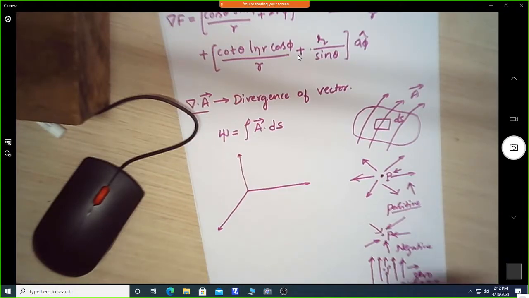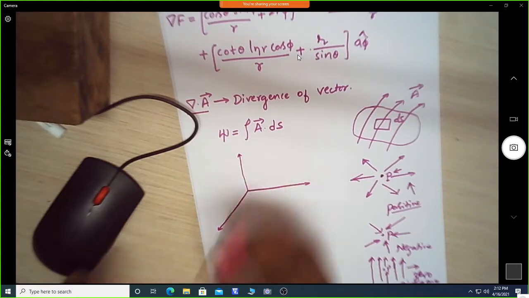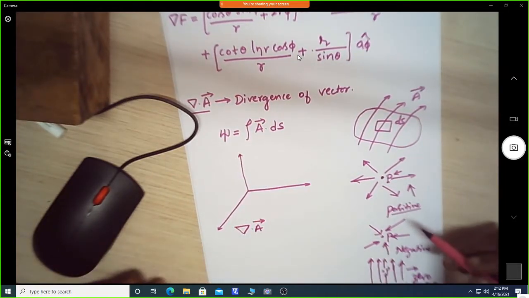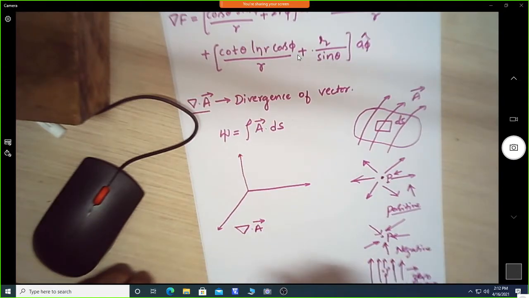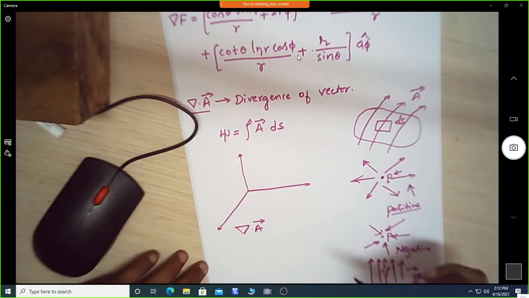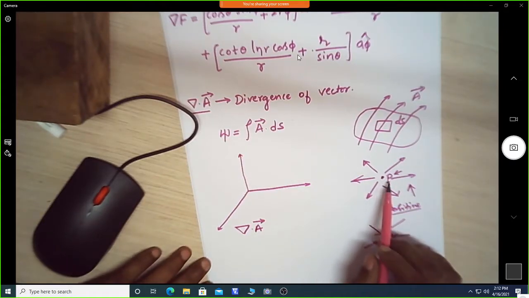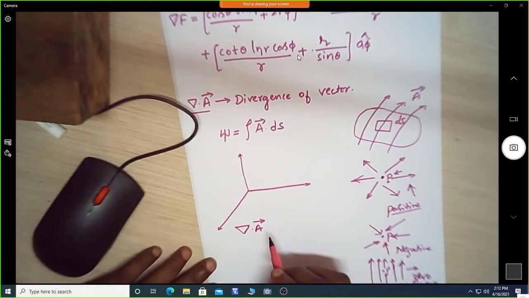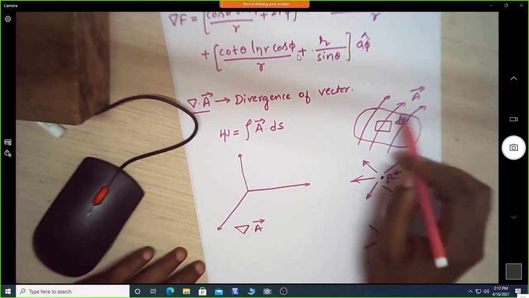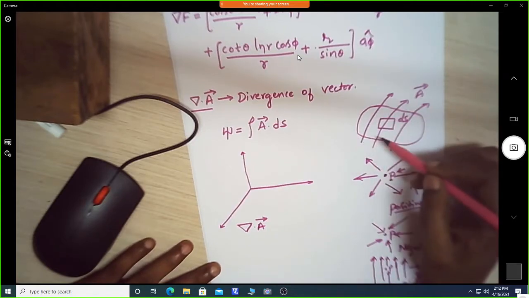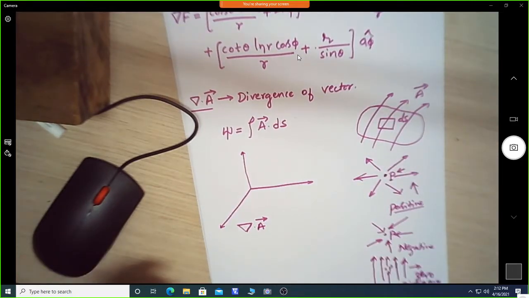So now we can define the divergence of vector A at the given point P as the outward flux per unit volume. Okay, because for that surface, whatever the outward flow of this vector A, if I take the closed surface, it will become a volume. So per unit volume we are able to define it.